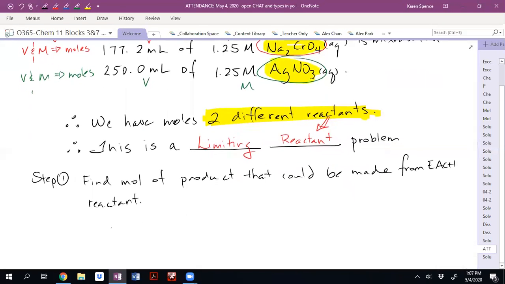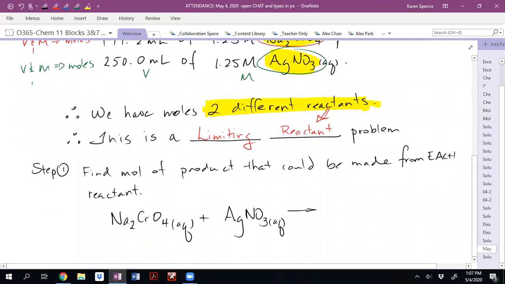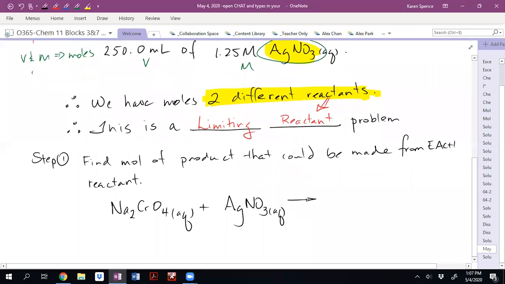So let's take our two reactants. We have Na2CrO4, and that is aqueous. And we're going to put that together with AgNO3, which is also aqueous. And what kind of a reaction is this? Compound plus compound. That is a double replacement. Yes, absolutely. So the Na is going to get together with the NO3.